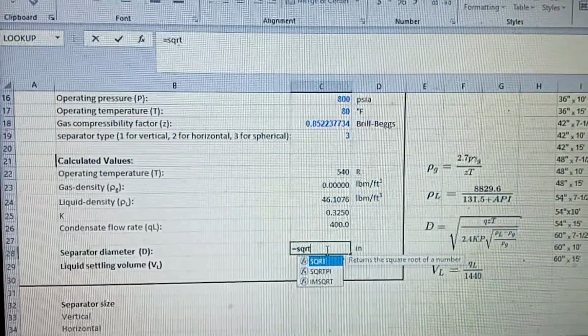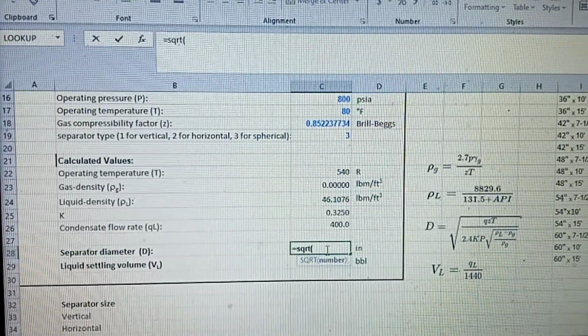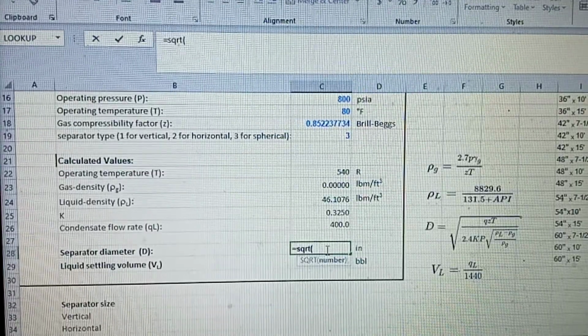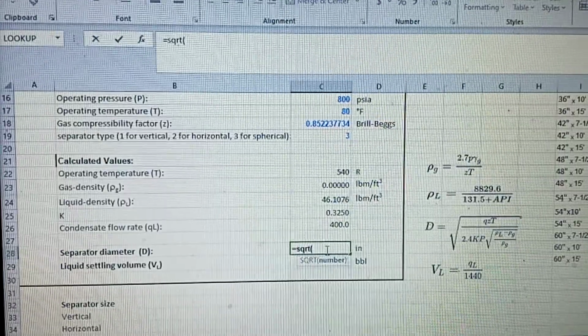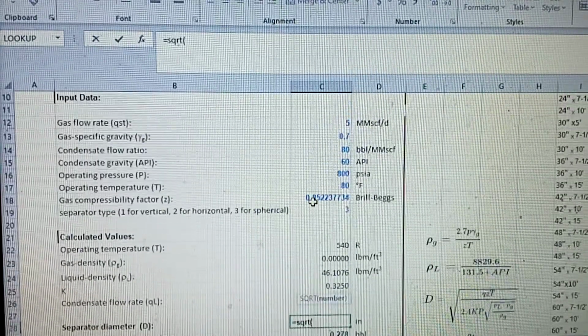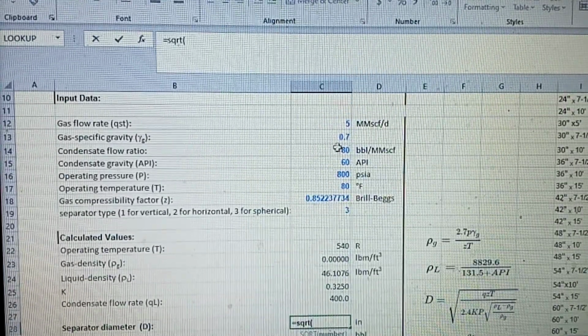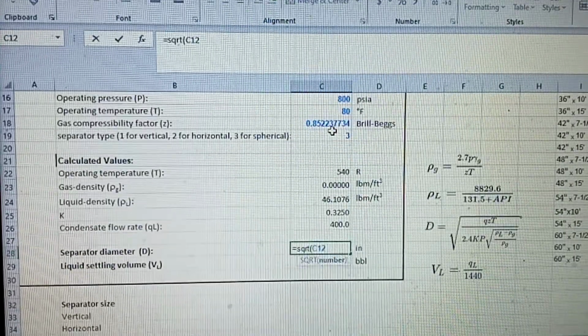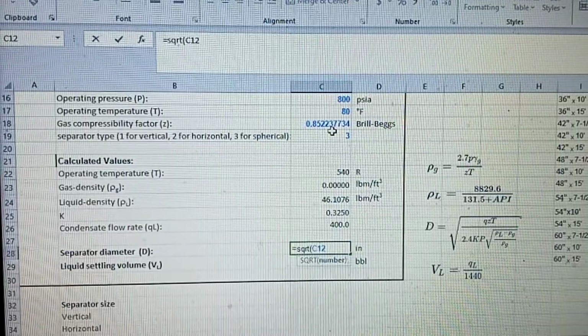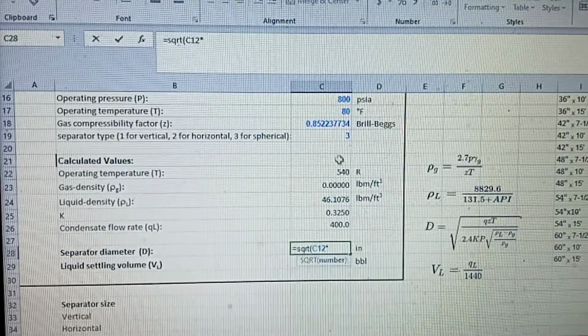I open the bracket. I'll do the top first. That's Q, the gas flow rate. That's C12 multiplied by Z.